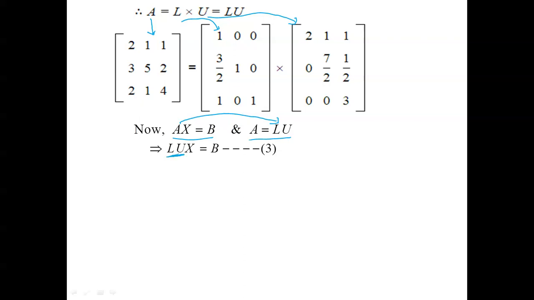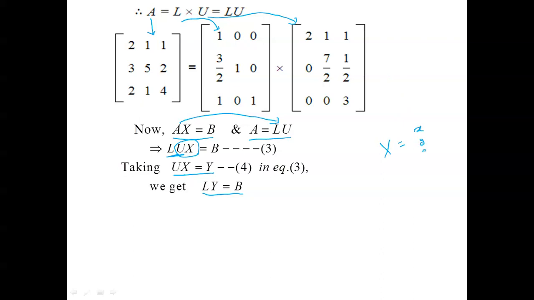Here A equal to LU, so LUx equal to B. Now I am taking Ux equal to Y. In equation 3 we have taken Ux equal to Y, then equation 3 can be written as LY equal to B. We know that already X equal to x y z, as in the first slide.